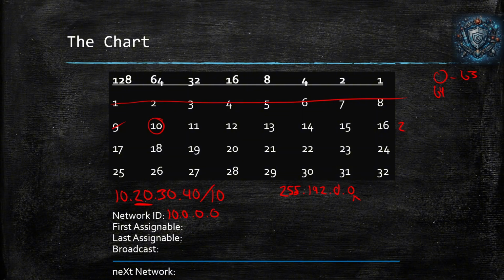Now to get our first assignable, we're going to do the same thing we did before. We're going to add 1 to our network ID. So what do you think our first assignable is going to be? Well, if you said 10.1.0.0, you are incorrect. The first assignable is 10.0.0.1.